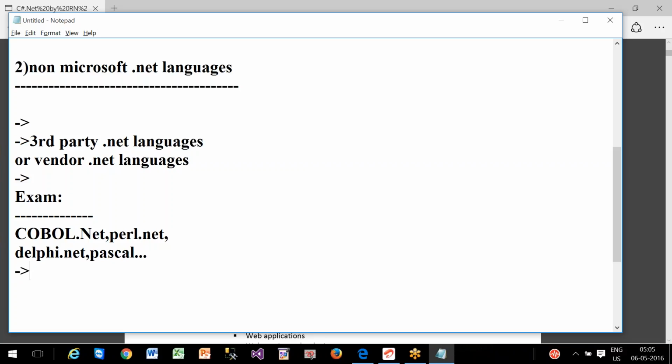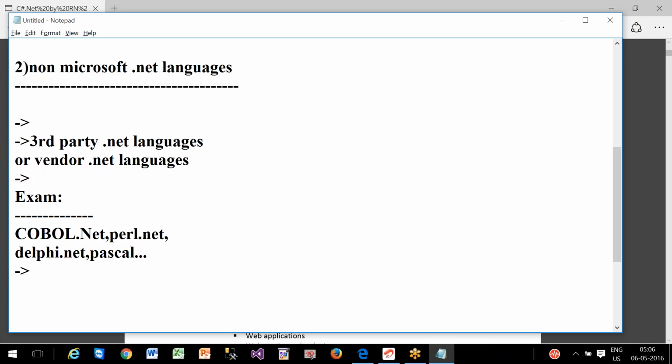But these non-Microsoft .NET language compilers are not inbuilt with .NET software, because .NET software is coming from Microsoft, but these languages are coming from outside people. That's the reason these compilers are not inbuilt with the .NET software CD. Whenever you want to use these languages, after you install .NET software, you have to install these language compilers explicitly from the concerned company website.